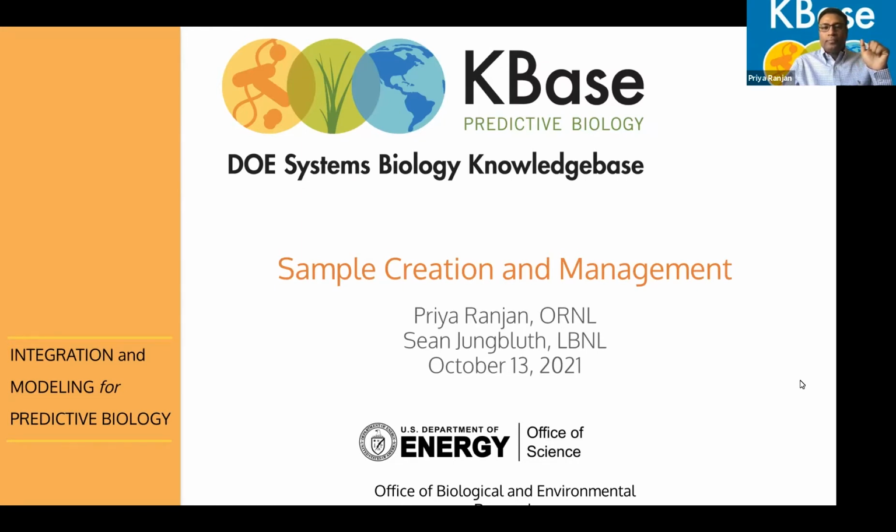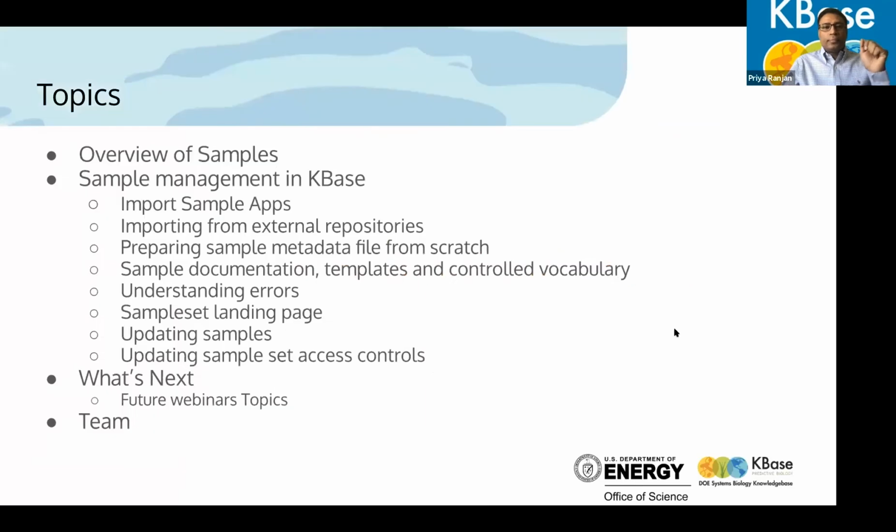So the topics that I'll cover today are the overview of samples, sample management in KBase, and the apps that exist for importing samples. How can you bring samples from external repositories? What are the repositories we support? How do you prepare a sample metadata file from scratch if you don't have something existing in external repositories?